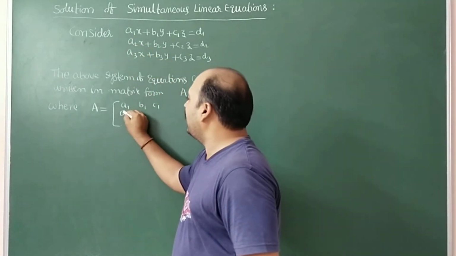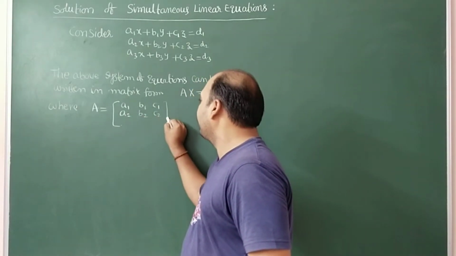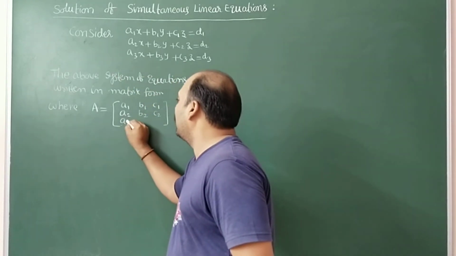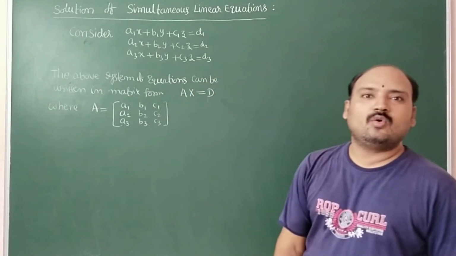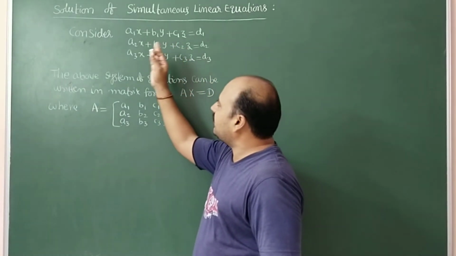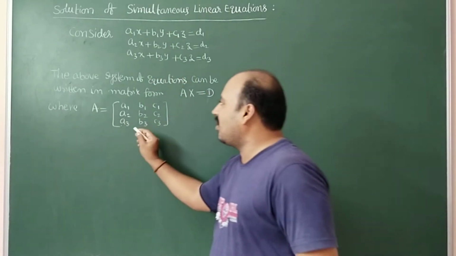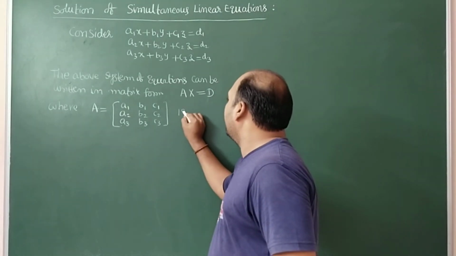Second equation, you have to write as the second row, a2, b2, c2. And from the third equation, write as the third row, a3, b3, c3. We are writing the coefficients of x, y, z in the given equations, no? So A is called the coefficient matrix.